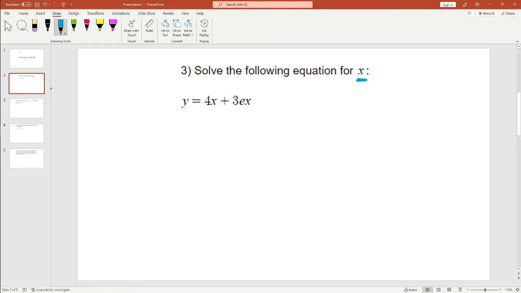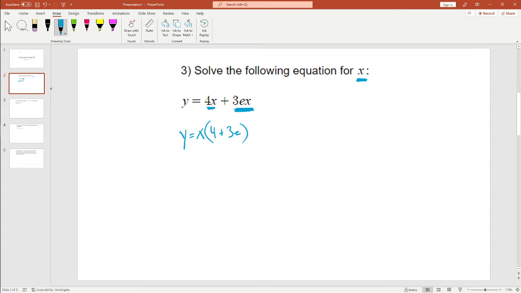I think the first thing that I'm gonna do here, and it's nice that we're talking about this after we've done factoring by GCF, because I'm gonna look at the 4x and the 3e to the x, or 3ex, and I'm gonna factor x out of this equation.